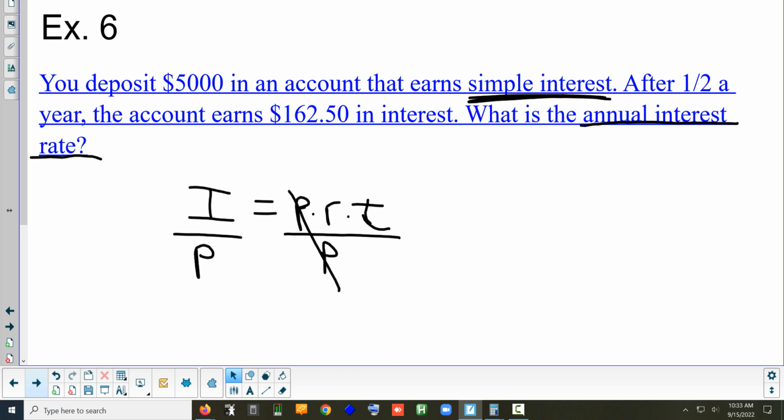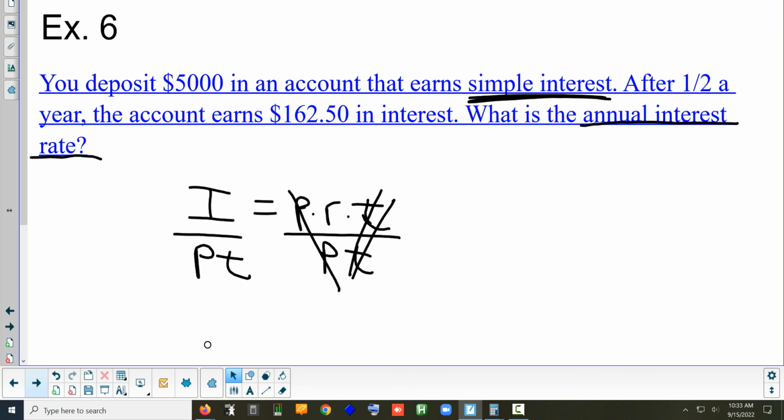Is the R by itself? No, we still multiply the R by T. So how would you get rid of multiplying the R by the T? We can do this at the same time. So we got rid of multiplying the R by P. How do we get rid of multiplying it by T? Yeah, Lexi? Yeah, divide by T. You can do it at the same time.